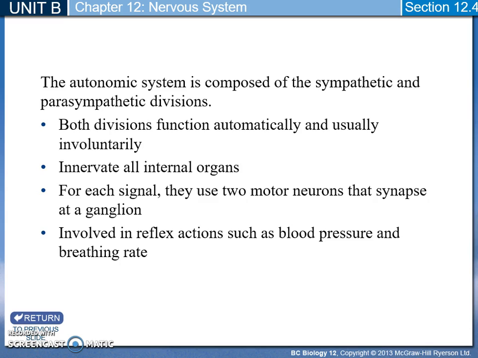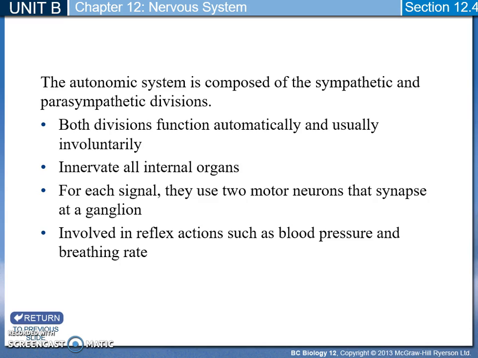So the autonomic system, again, is comprised of the sympathetic and parasympathetic divisions. Both of these divisions function automatically and usually involuntarily. Now, we can regulate things to a certain degree ourselves, but most of this happens automatically. And they innervate all the internal organs.